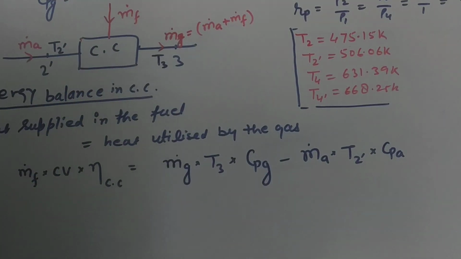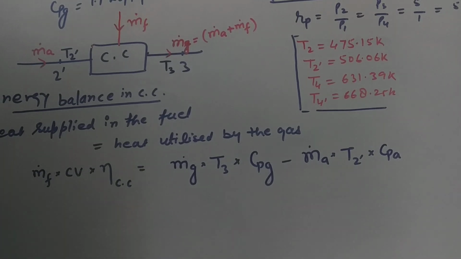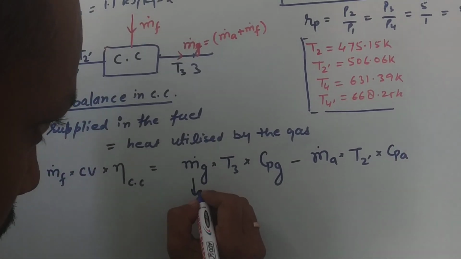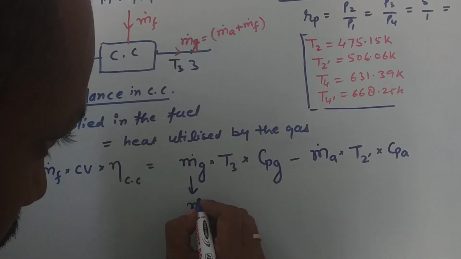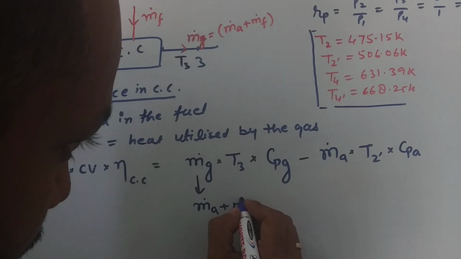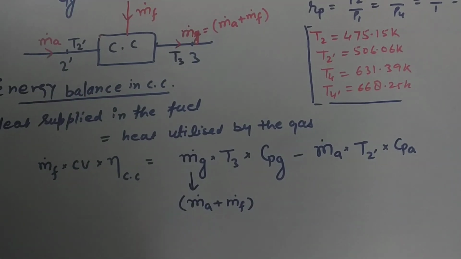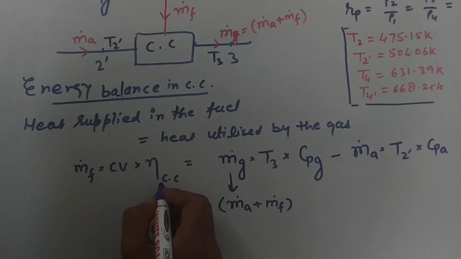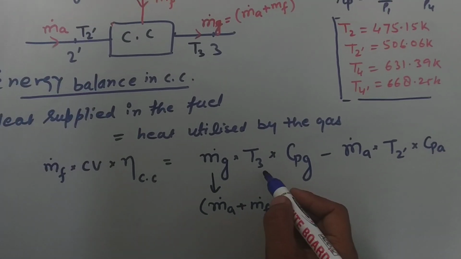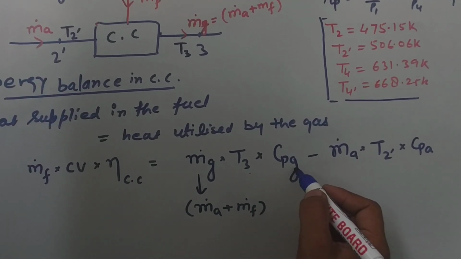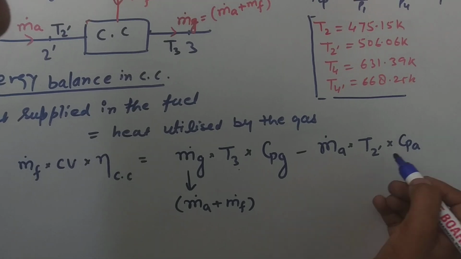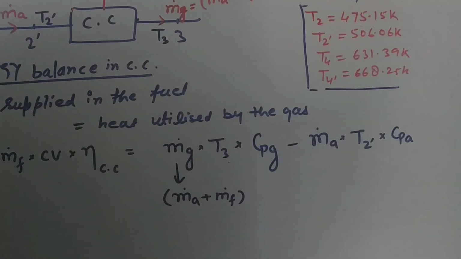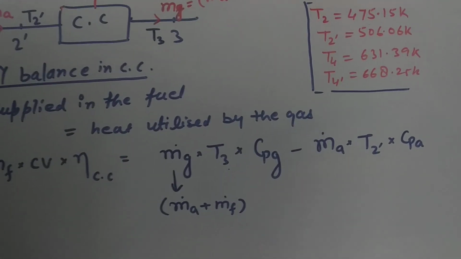Okay, now you can put mg dot equal to ma dot plus mf dot. Put the value of efficiency, which is given, T3, which we have calculated, Cp of gas is given, Cp of air is given, T2 dash we have calculated, and ma dot is given as 1 kg per second.